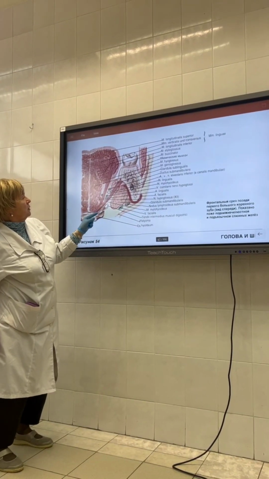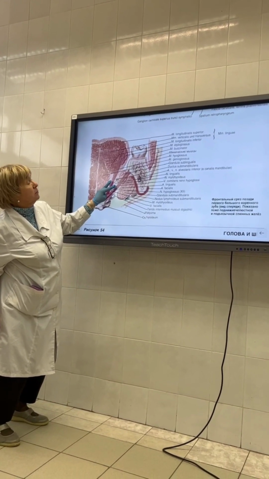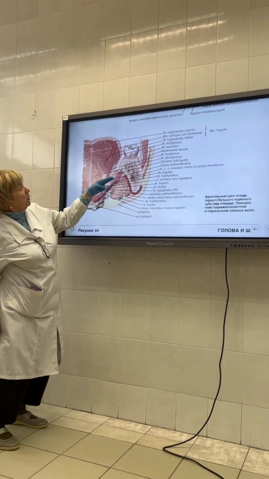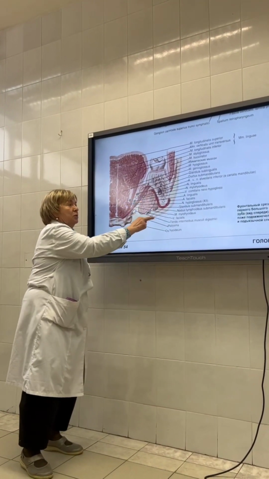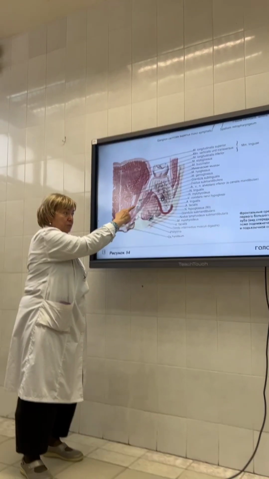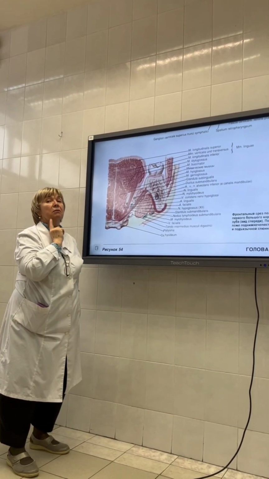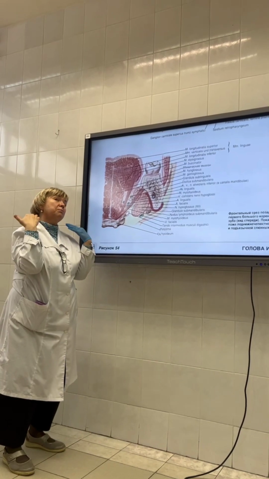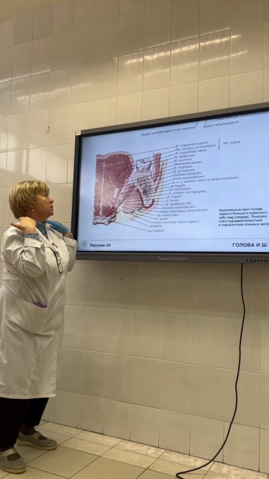The space below the mylohyoid muscle with the submandibular gland is the submandibular space. This space connects with the submental space. Inflammation of the submandibular space may spread to the submental and vice versa.